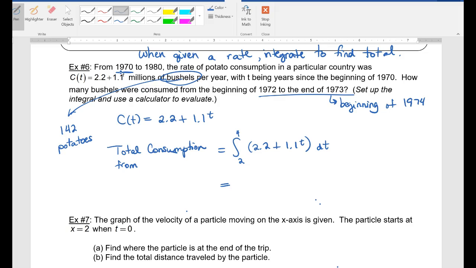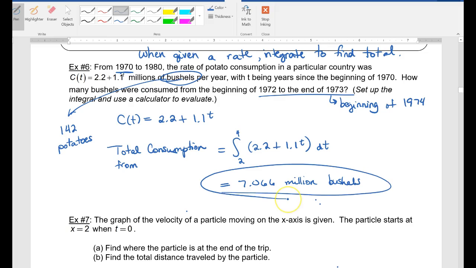Maybe it starts out slow, but maybe the hole gets bigger and more water comes out as time goes on. So it's important that our units match, reflecting how much time has passed. Okay, what do we get? 7.066 million bushels.